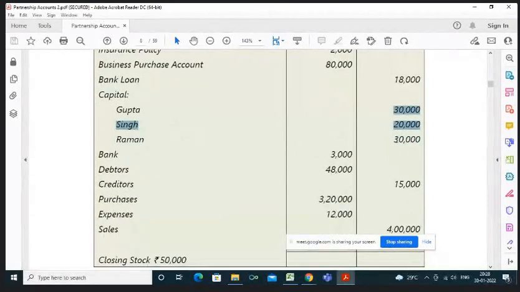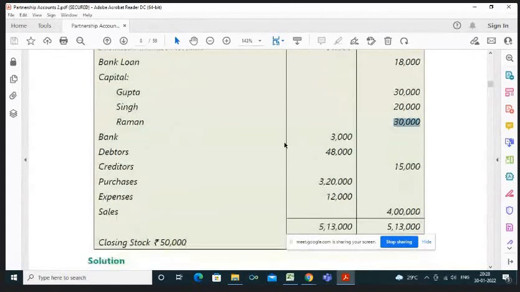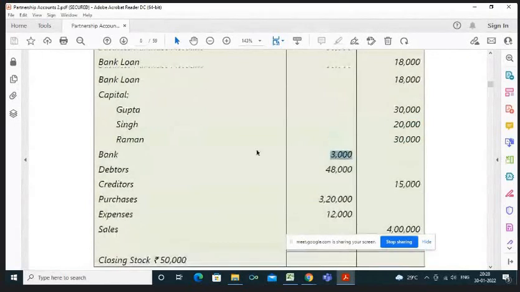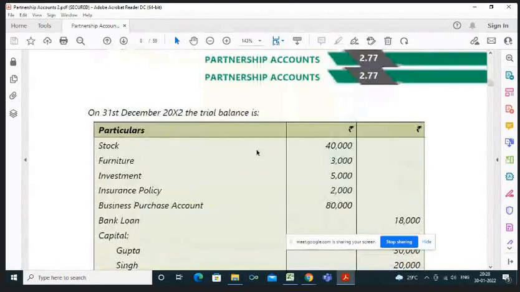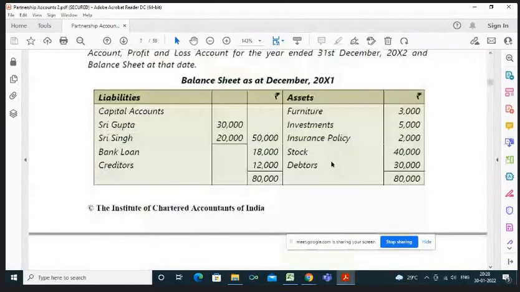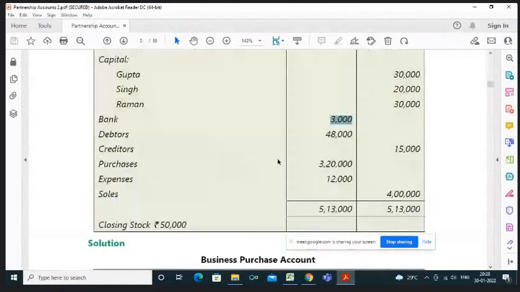Then Raman's capital account, 30,000 is there. That also we have to see after the business purchase account adjustment. Then bank: we have to see whether a bank account was there in the opening balance sheet. In the opening balance sheet, there is no item called bank, so it is a new asset created after the proprietorship.